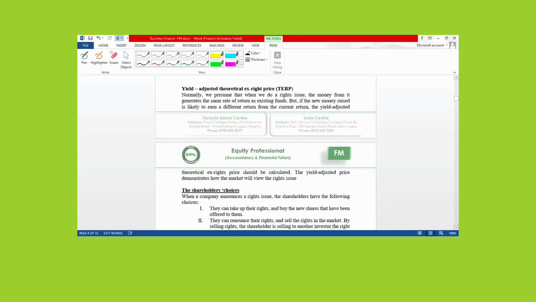But if the new money raised is likely to earn a different return from the current return, then the yield adjusted theoretical strike price should be calculated. The yield adjusted price demonstrates how the market views the rights issue.